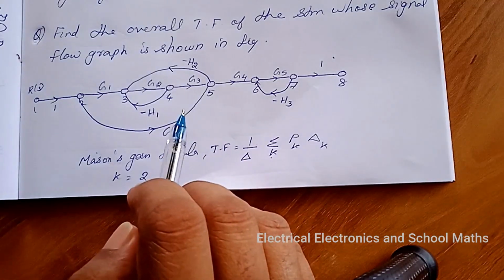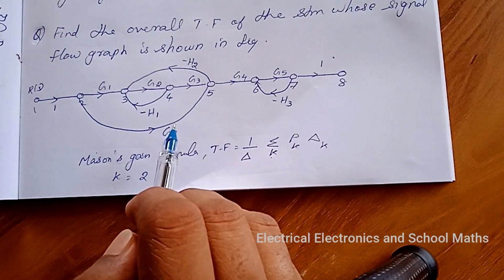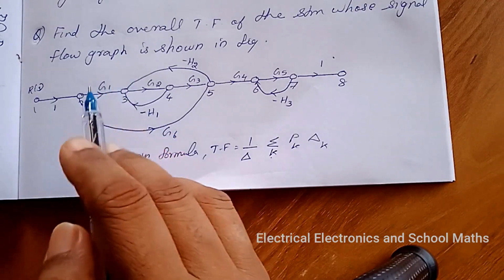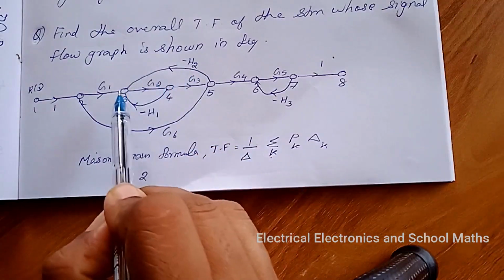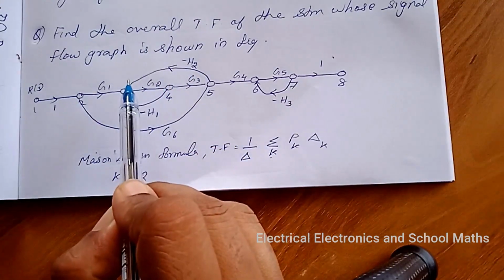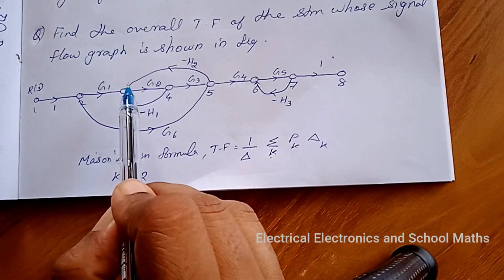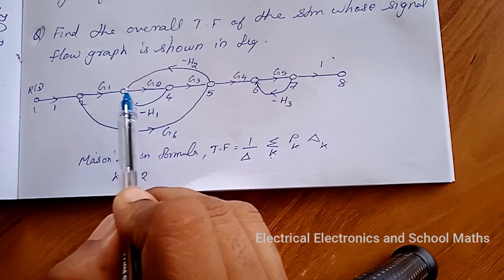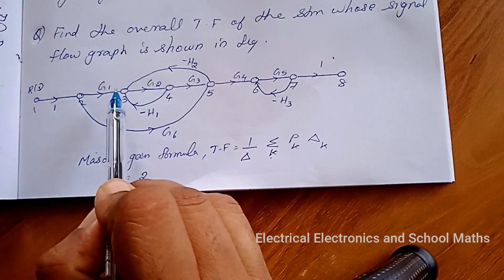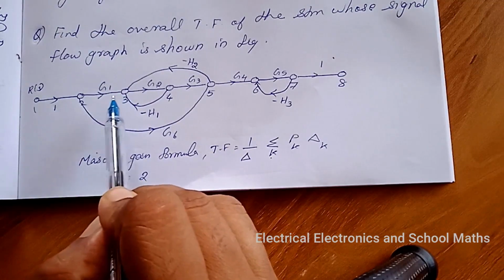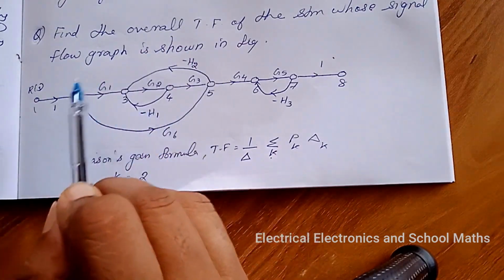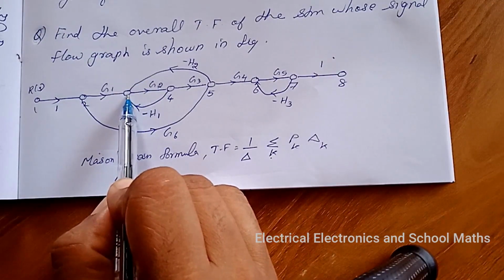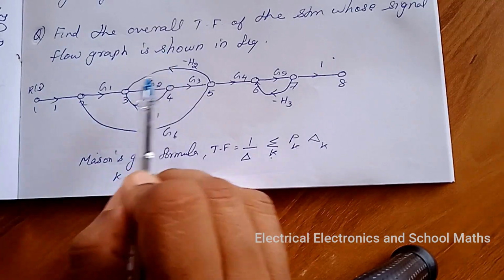Next we have to find the individual loop gains. For that, find the individual loops. What is an individual loop? An individual loop is a closed path starting from a node and, after passing through a certain part of a graph, arriving at the same node without crossing any node more than once.